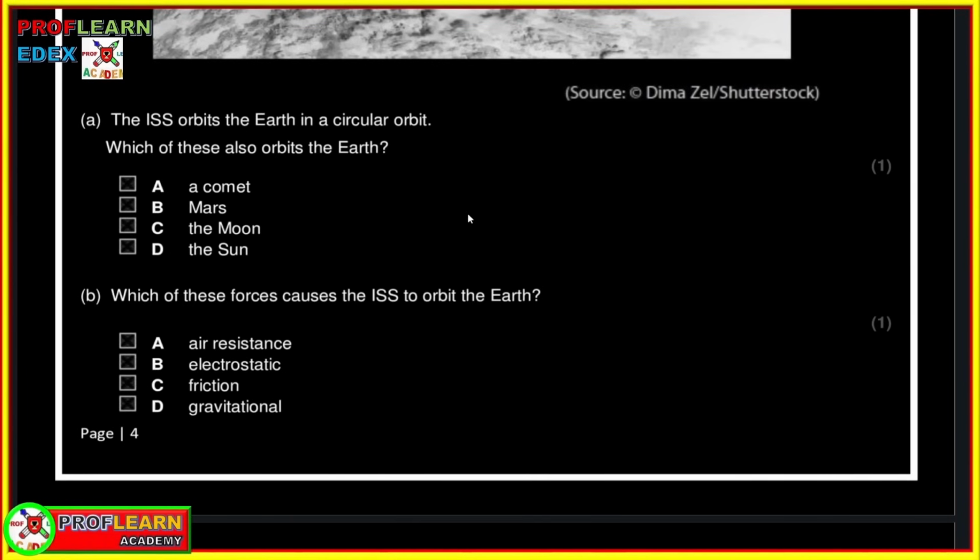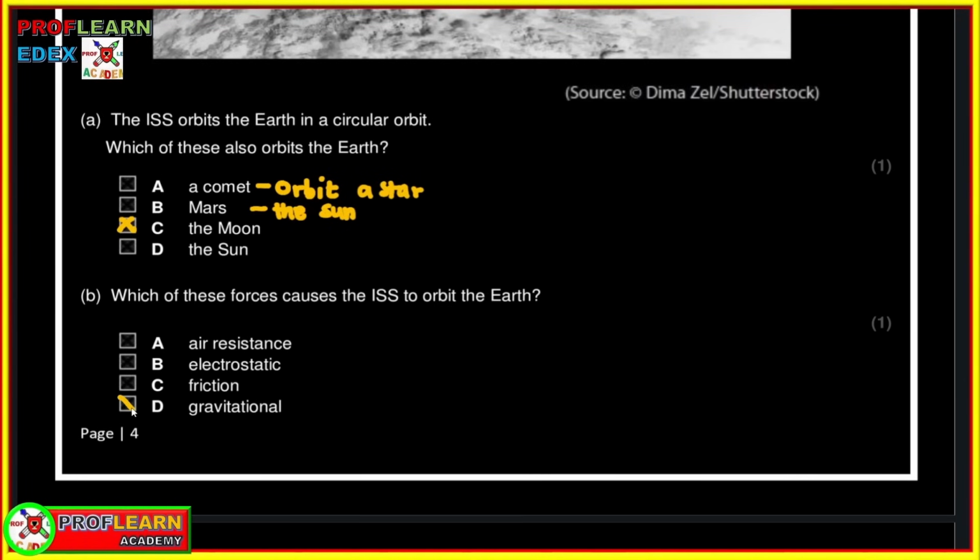Which of these also orbit the Earth? We know the comet orbits a star. Mars is a planet which orbits a star. The moon orbits the Earth. The sun doesn't have its own orbit, right? So we need to identify these: this was a star, this was the sun, and the moon is the one that orbits the Earth.